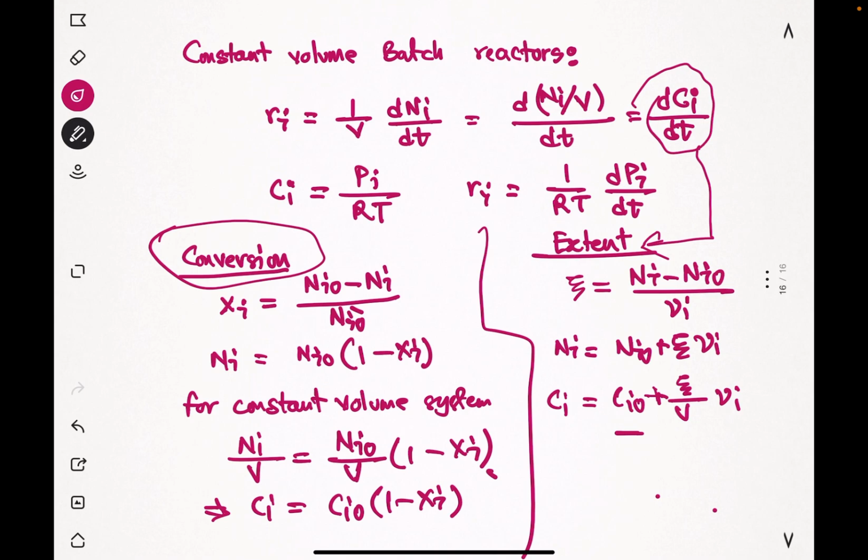Instead, Xi is the independent variable. So we need to know the conversions at different stages, and from there we do the mathematical calculations and then use those calculated data to figure out the order of the reaction.